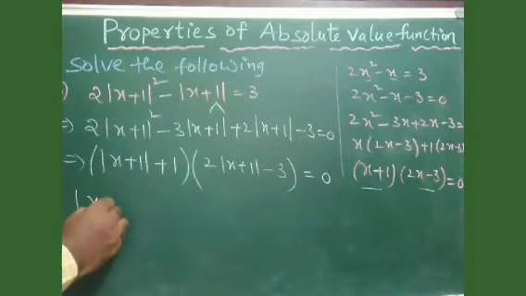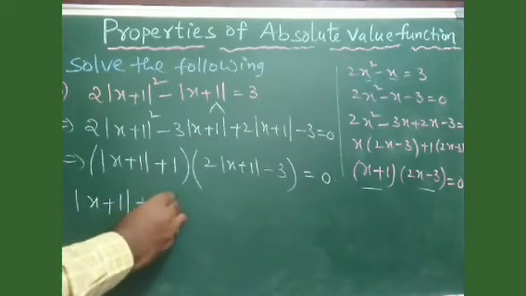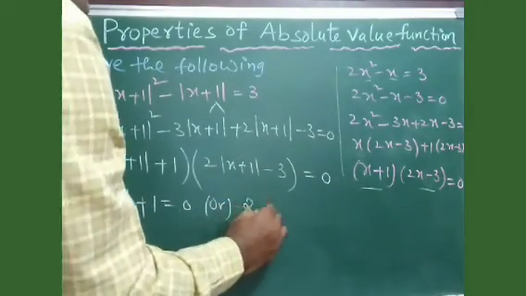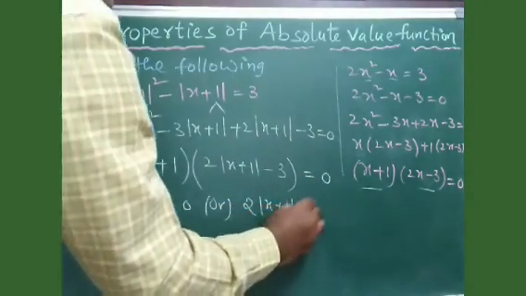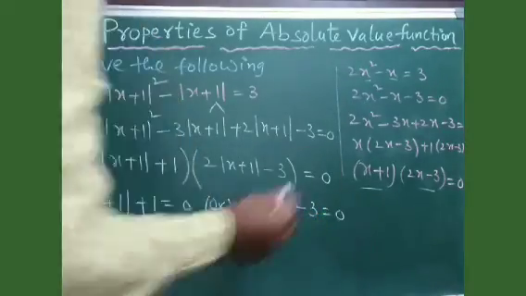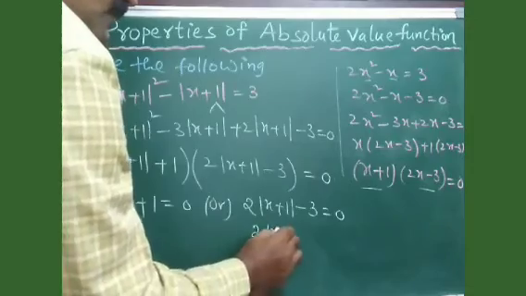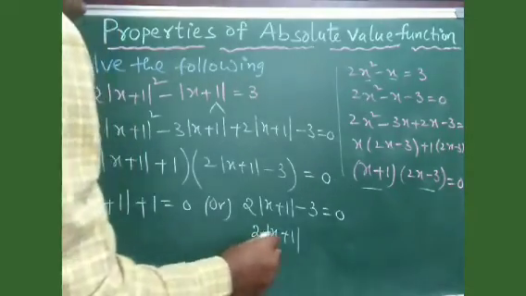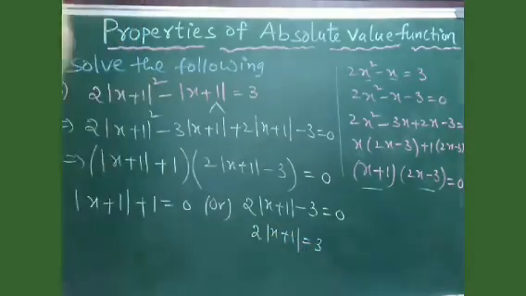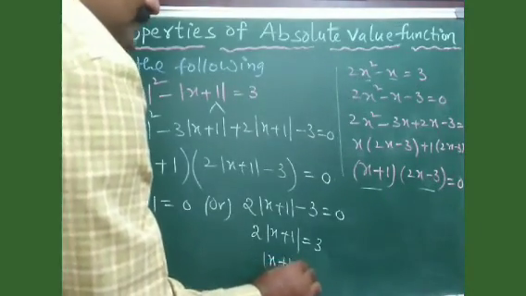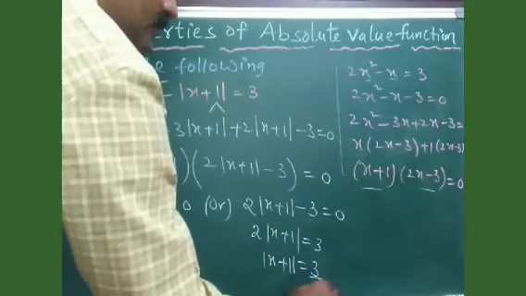So mod of x plus 1 plus 1 is equals to 0, or 2 into modulus of x plus 1 minus 3 is equals to 0. Just look at this condition. From this I can say 2 into mod of x plus 1 is equals to 3. Then mod of x plus 1 is equals to 3 by 2.